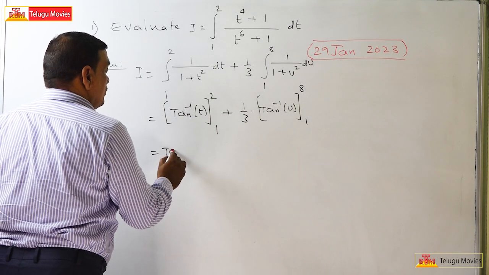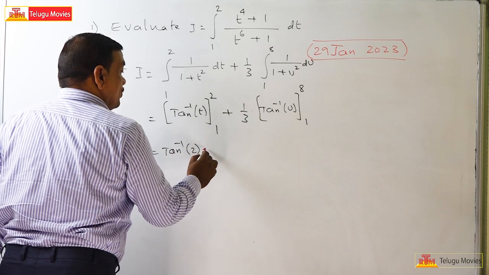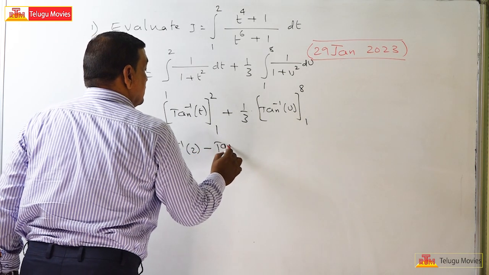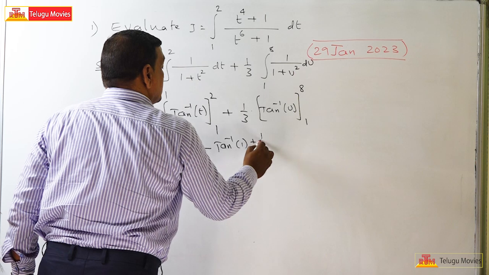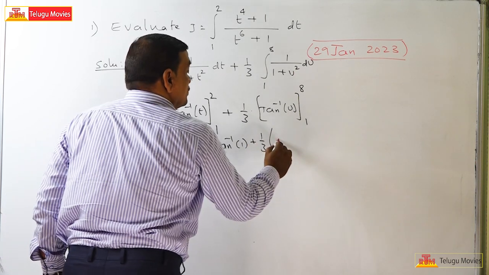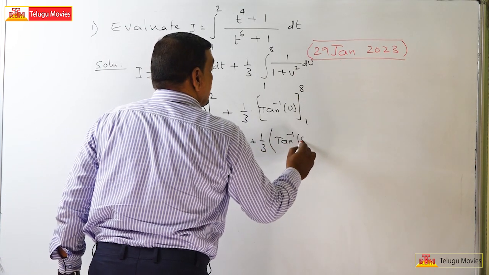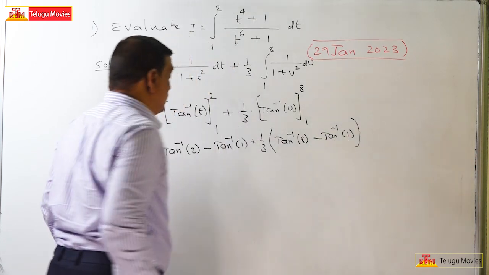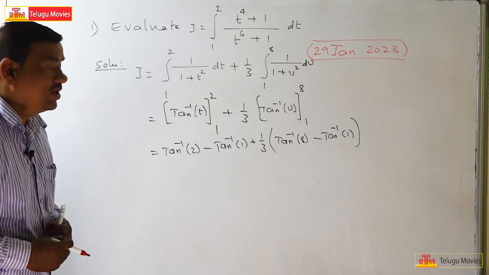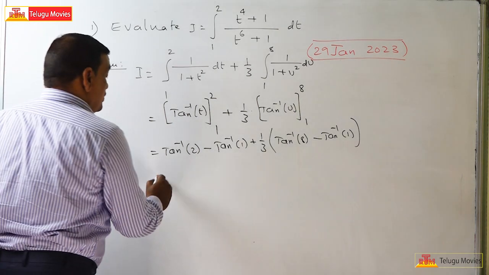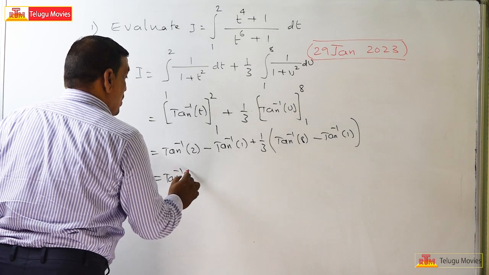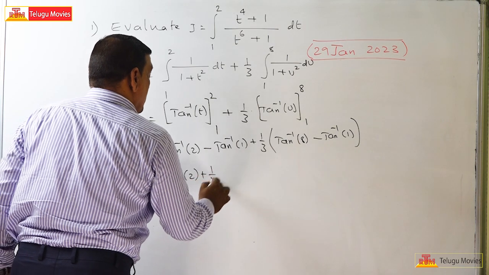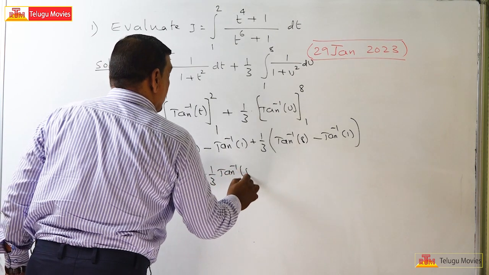So this is equal to tan inverse of 2 minus tan inverse of 1, plus 1 by 3 into tan inverse of 8 minus tan inverse of 1. Let us rearrange the terms. So this is equal to tan inverse of 2 plus 1 by 3 tan inverse of 8.